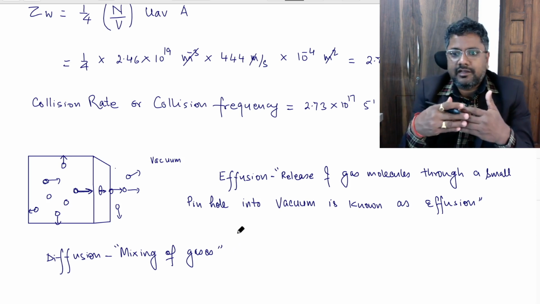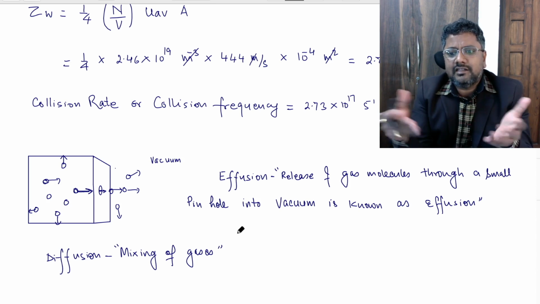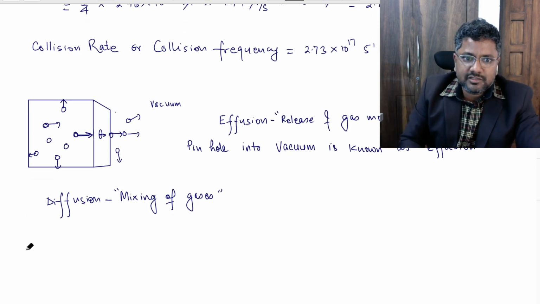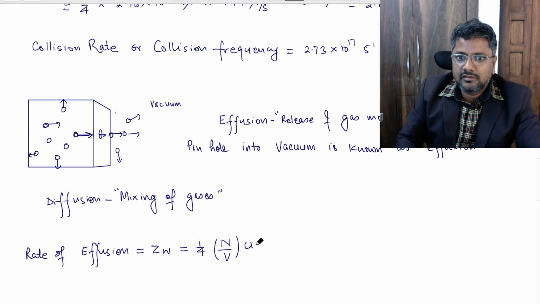So here we are formulating the formula for effusion, and that you can also use for diffusion. So the rate of effusion is equal to Zw, and this is equal to 1/4 (N/V) times A. Right.